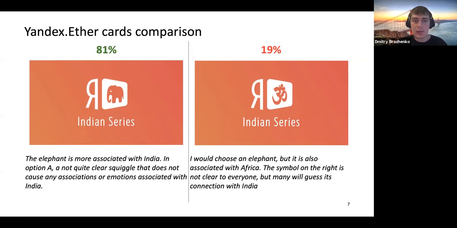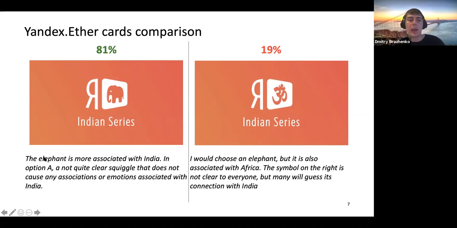And let's view results. When I launched it in Yandex Toloka, the left card with an elephant won, and moreover, I could get not only the score but also some comments about why the left card won, not the right one.